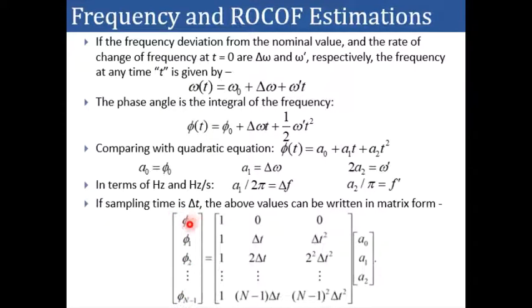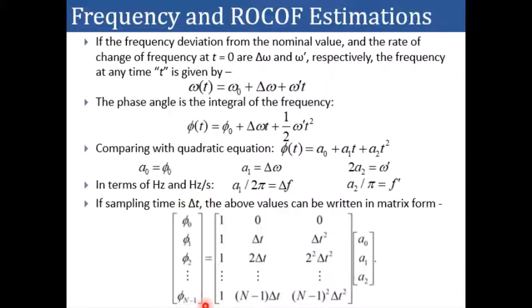We can write a column vector as phi naught, phi 1 and so on, and the matrix which corresponds to the sample data which we are receiving from the field, we can simply write as 1 0 0, 1 delta t, delta t square and so on, and the unknown column vector, that is a0, a1 and a2.